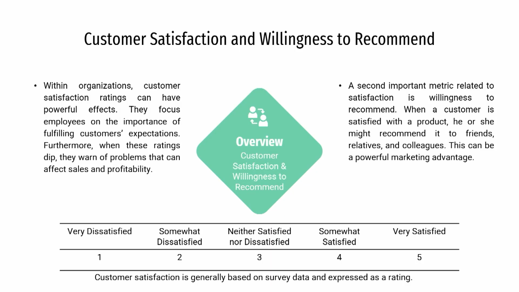Next, we will move into our next matrix, which is customer satisfaction and willingness to recommend. Satisfaction is rated on a 1 to 5 scale or 1 to 7 scale, maybe from very dissatisfied to very satisfied.